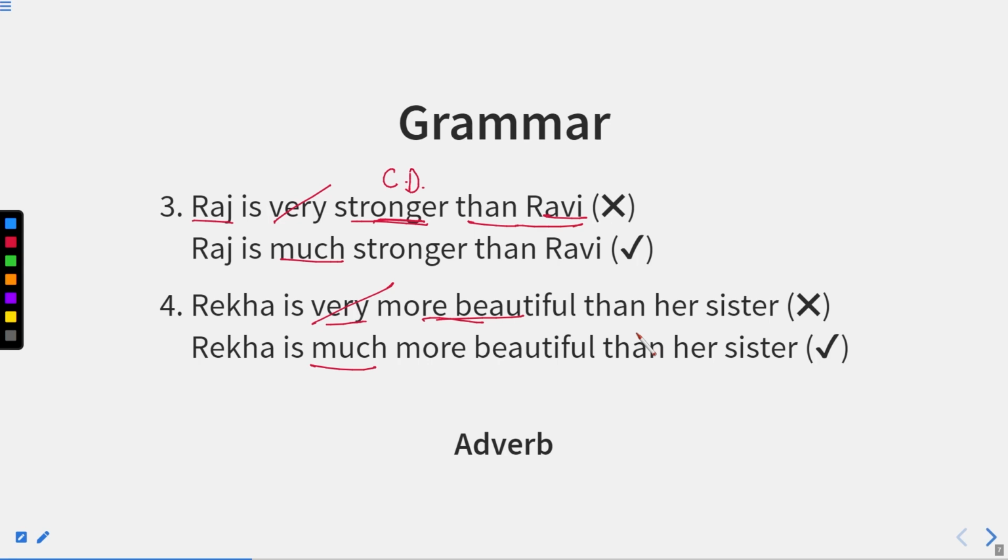It emphasizes her beauty as compared to her sister. So, this is just an expression to show something in comparison as well as an emphasis comparison. So, the correct sentence will be Rekha is much more beautiful than her sister. But if I write the sentence like Rekha is more beautiful than her sister, then also the sentence is absolutely correct. Now, let us move to the next one.